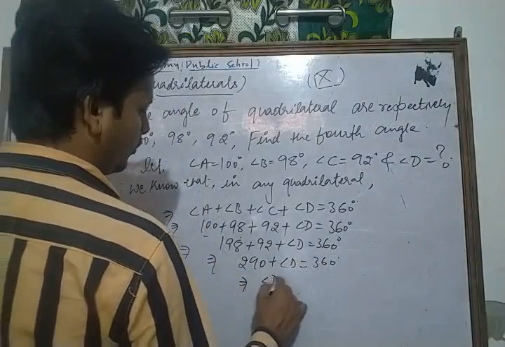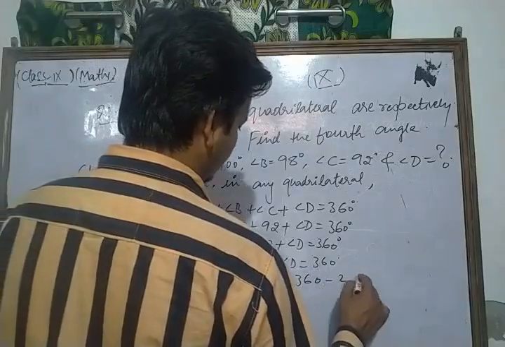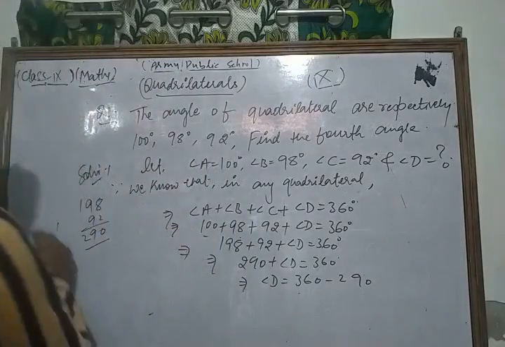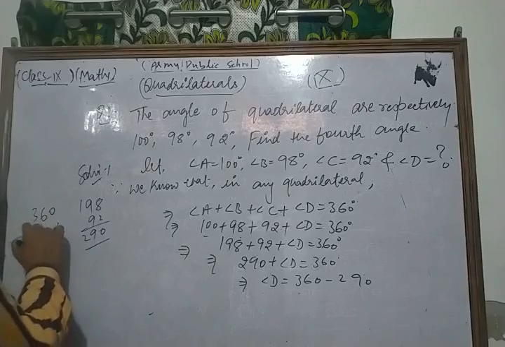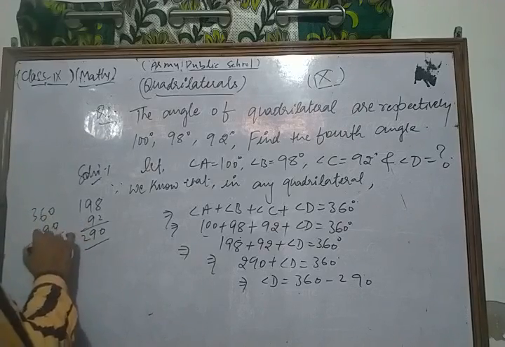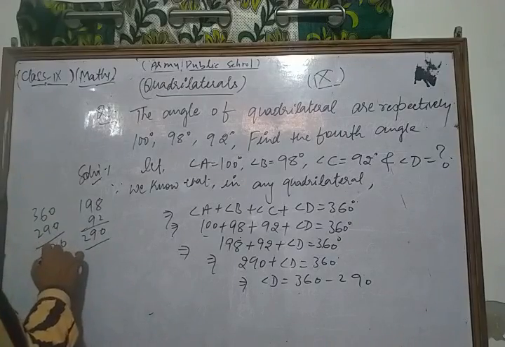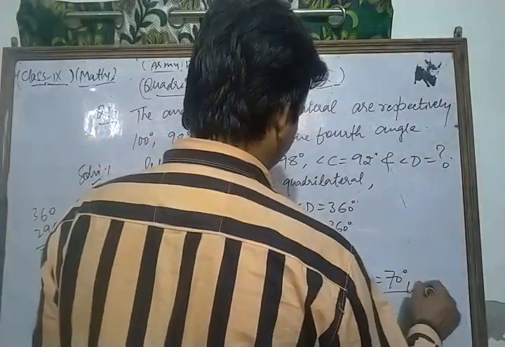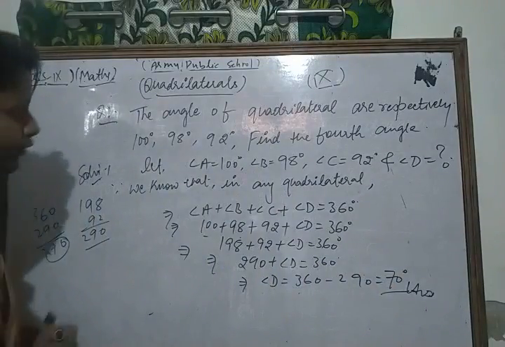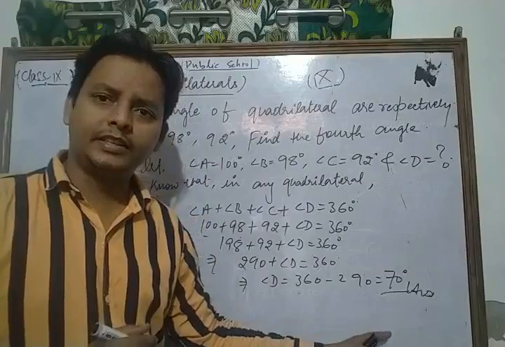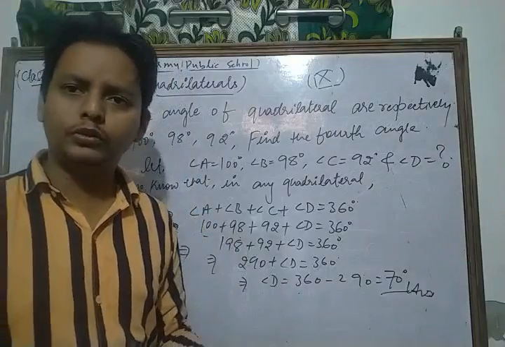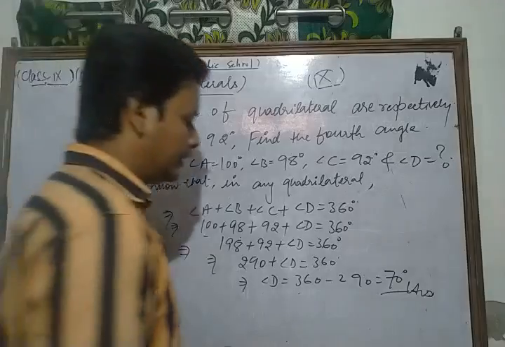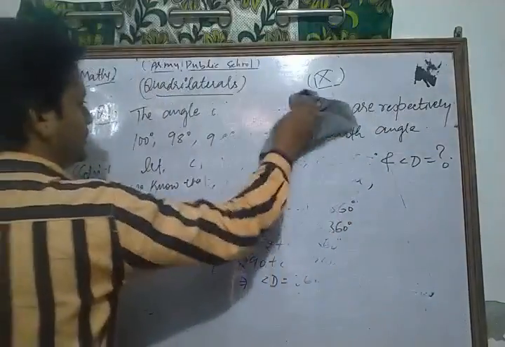So the value of angle D is 360 minus 290, which is 70. Thus, in this way, the fourth angle is 70 degrees. So in this way, you can solve each and every question of your NCERT exercise based on the angle sum property. Now we take and solve some more important questions based on these topics.